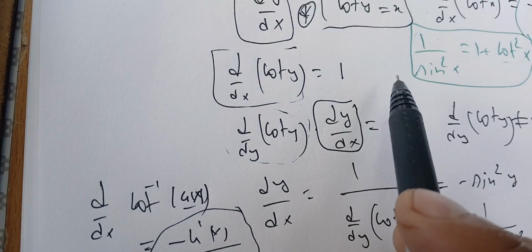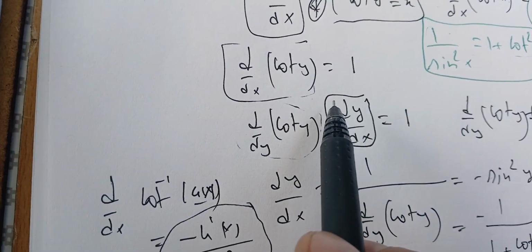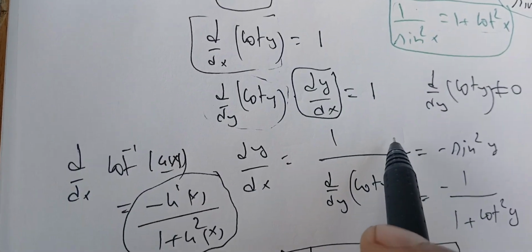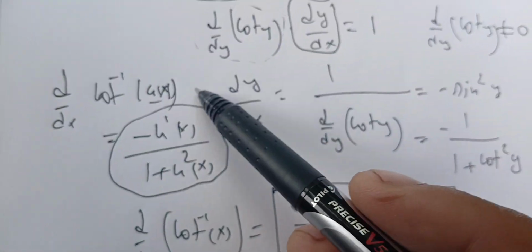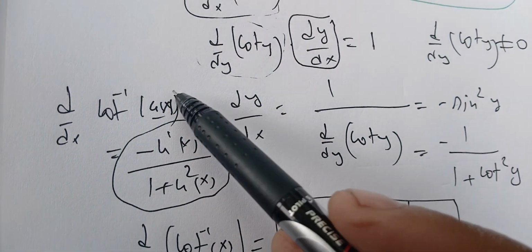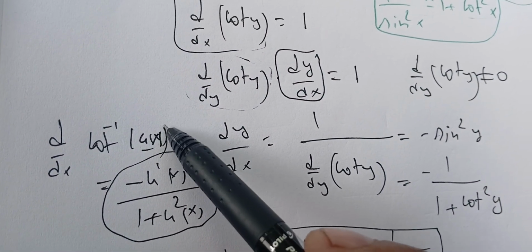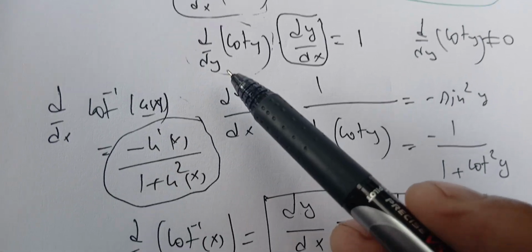And what else? And that's it. And we need to be careful when we divide by some number. We want to make sure that it's not equal to 0. And here we use the chain rule to get the result for the derivative of the cotangent inverse for any u of x, not just x.